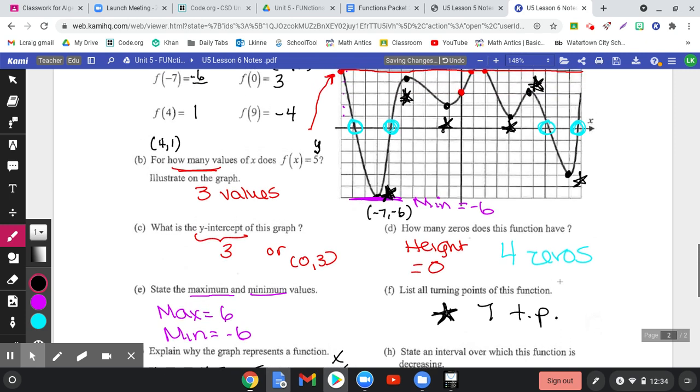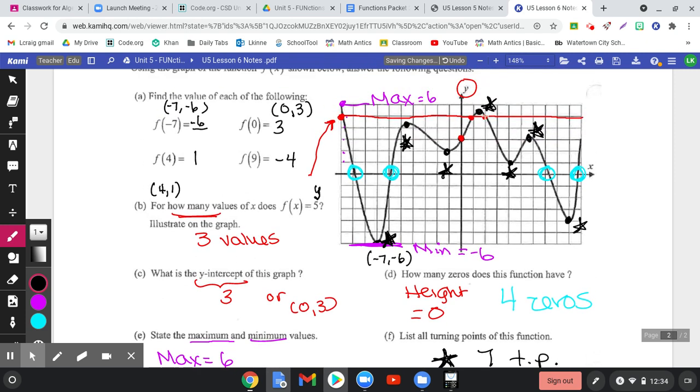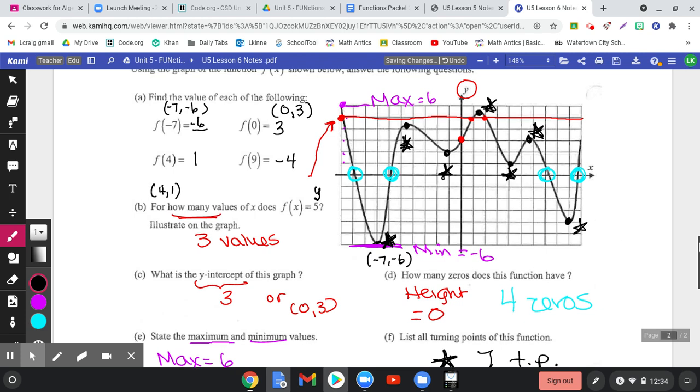State an interval over which the function is decreasing. So intervals are kind of funky, but why don't we go from here to here? Or here to here. It's going down. So with the intervals, this part gets a little tricky. It's talking about what x values make that happen. So right here, between here and here, our function is decreasing that whole time. So between, let's say, 1, 2, 3, 4, 5, 6 to 9.